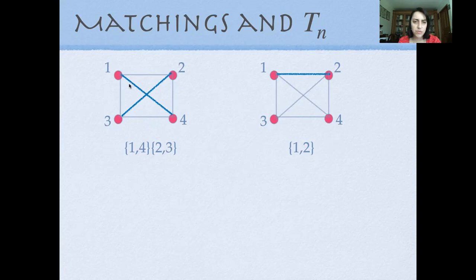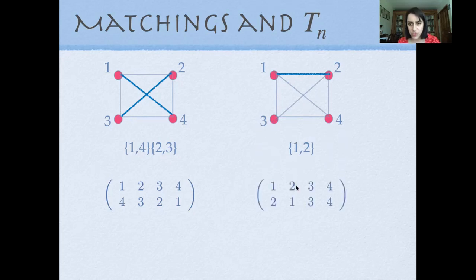If we have an edge in the matching, we can think that this edge codifies a permutation which interchanges 1 and 4, and this other edge is saying that 2 and 3 are interchanged. So we can visualize this matching as a permutation interchanging 1 and 4 and 2 and 3. In this case, we only have one edge in the matching, and we can think of this edge as a codification of the interchange between 1 and 2.